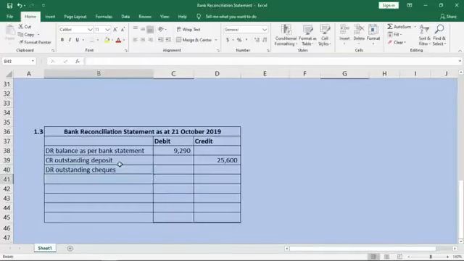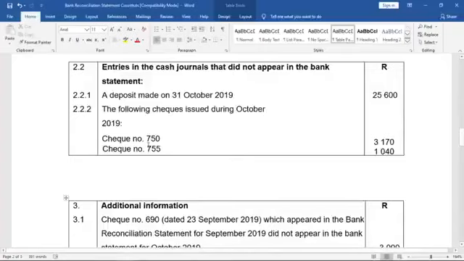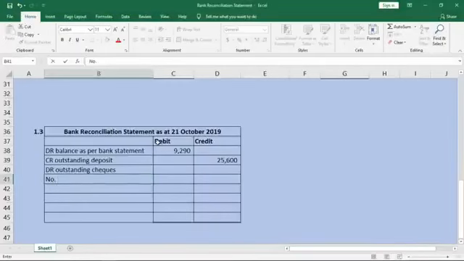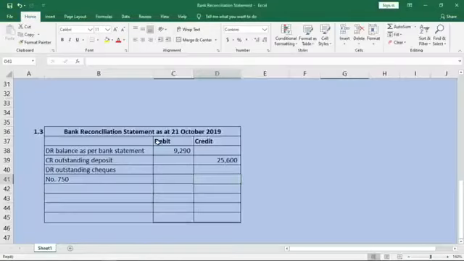And then now that we've written that, let's write the numbers down. Number 750. So these are the check numbers, by the way. And then how much was it? 3,170 on the debit side. That's why I wrote debit outstanding checks. In fact, let me move that to the right. Yes, let me put it there.